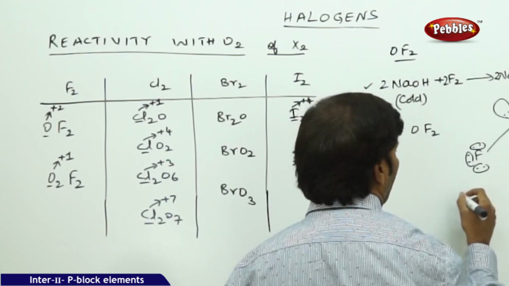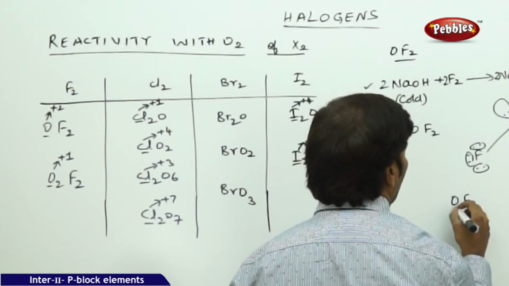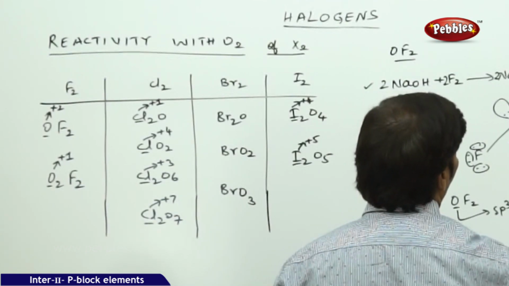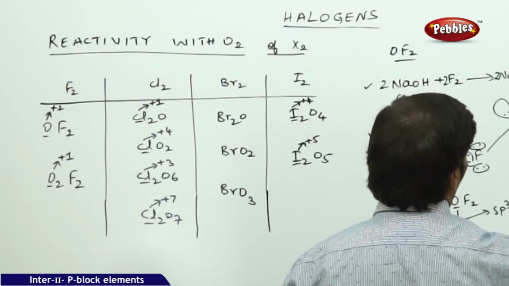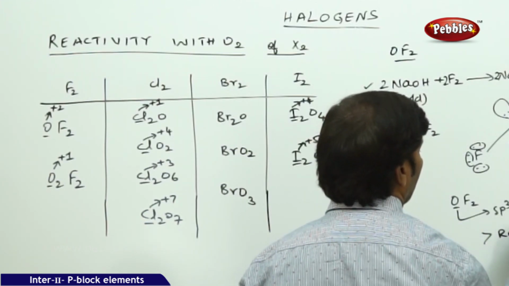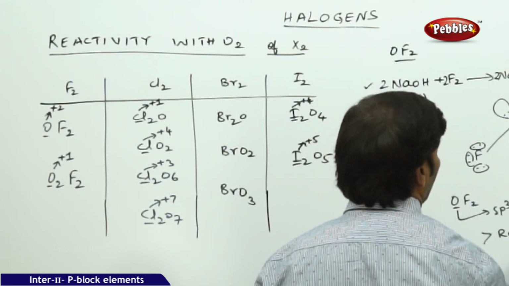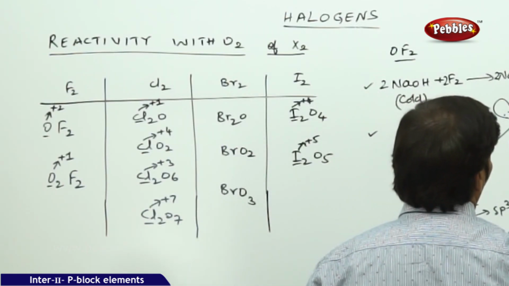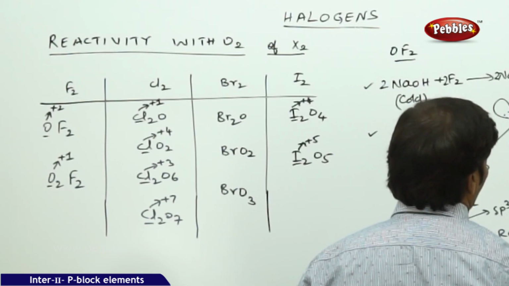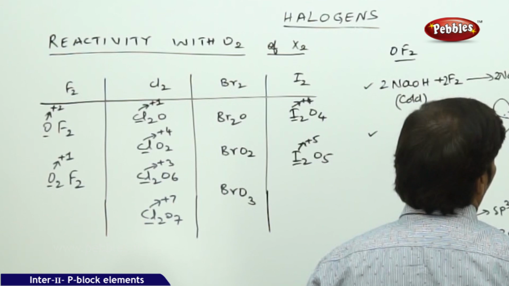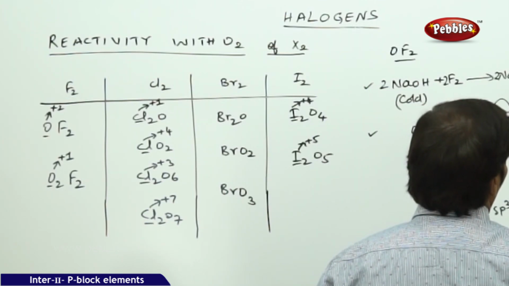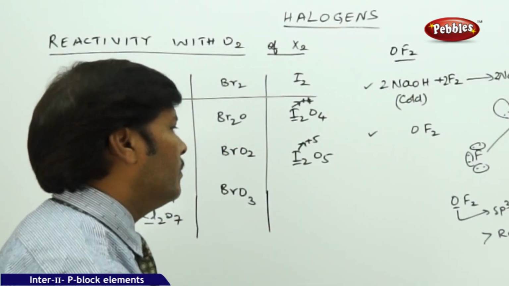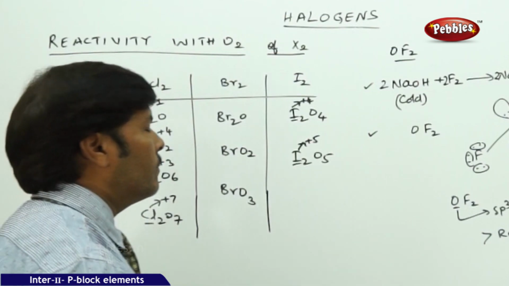That's why the oxygen in OF2 undergoes sp3 hybridization, but the bond angle changes from 108 degrees to 103 degrees because of greater repulsions between lone pair electrons of fluorine and bond pair electrons of oxygen. So the bond angle is decreasing from 109 degrees 28 minutes to 103 degrees.